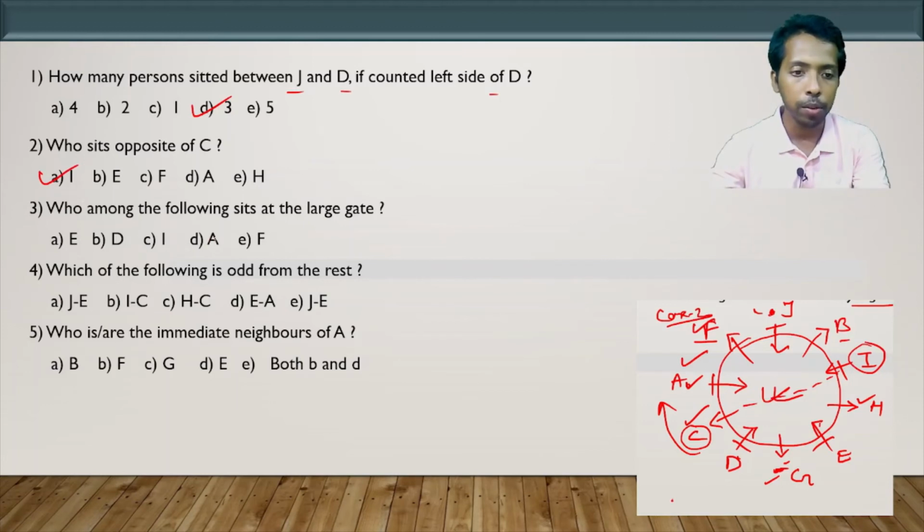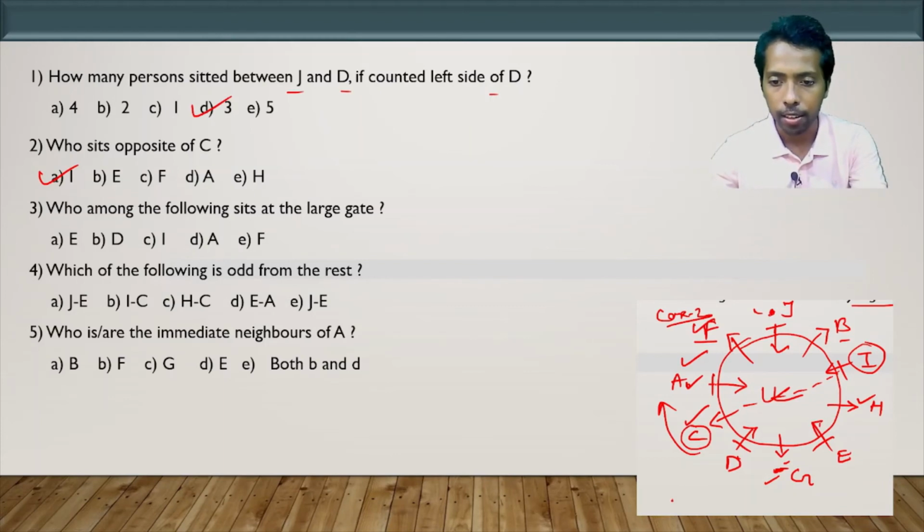Option A. Which of the following sits at the large gates? Whoever is facing the large gate, that is A, J, I, D, E. This question should be: who among the following sits at the small gates?